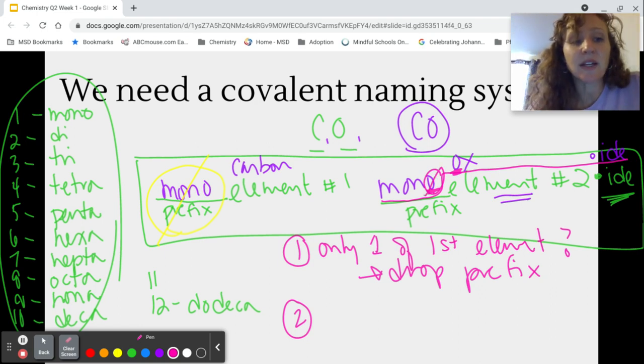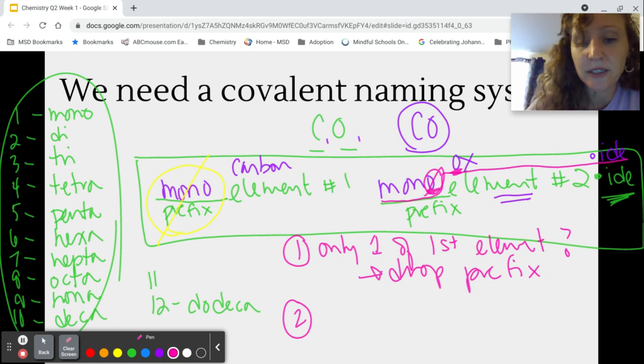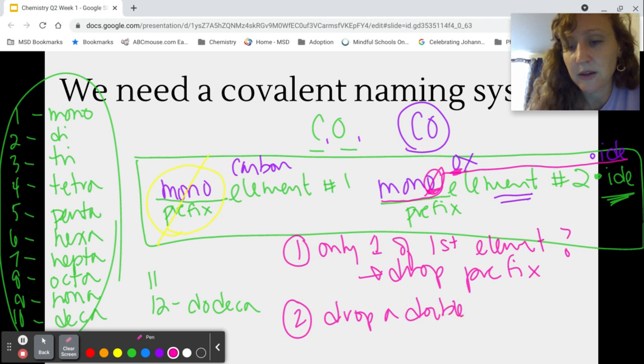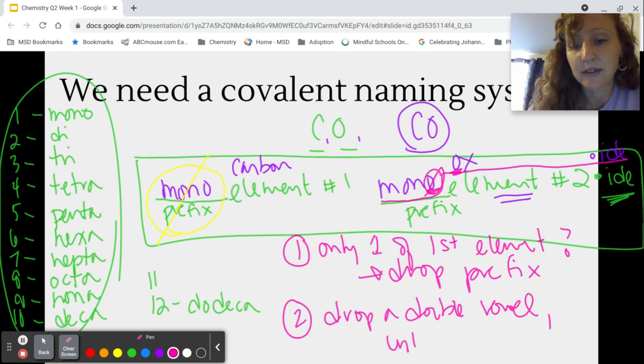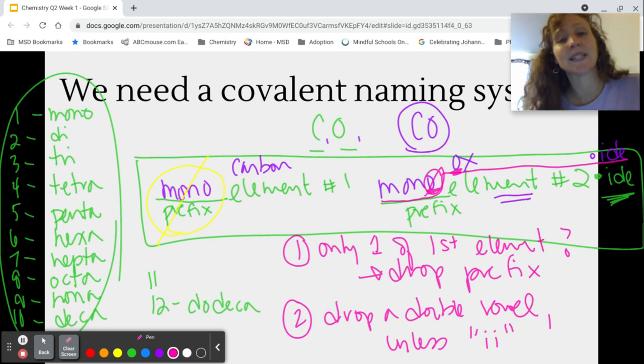If you have a double vowel, usually one of them gets dropped, unless the double vowel is a double I. Just like the term skiing keeps both I's, if you have triiodide, you're also going to keep both I's.